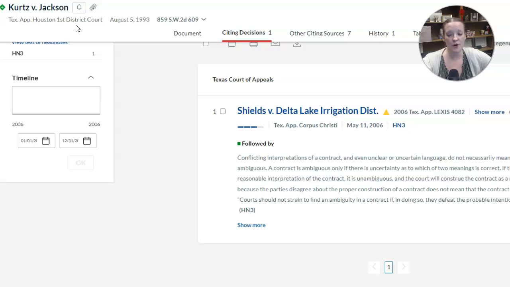So again, they're both in Texas, right? But we're looking at different jurisdictions with respect to the level of intermediate appellate court, right? Here, this case is coming from the Court of Appeals in Houston, the First District, whereas we would want to look for a court of appeals within Fort Worth, right? So this can be persuasive, right? But it's not going to be mandatory or binding for our purposes.